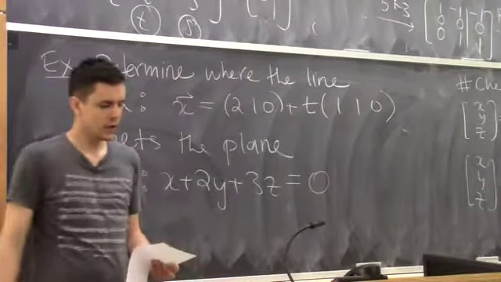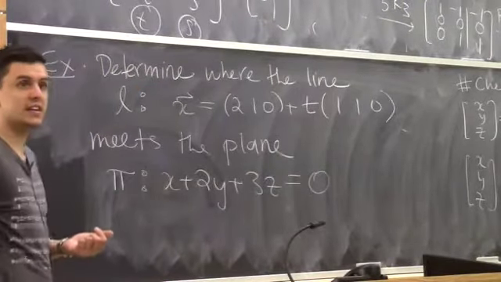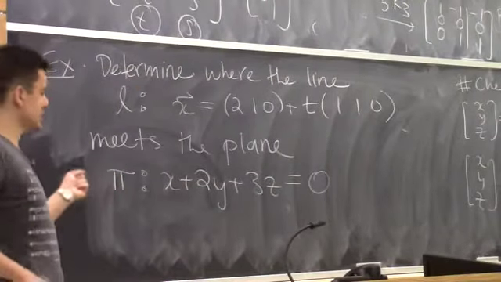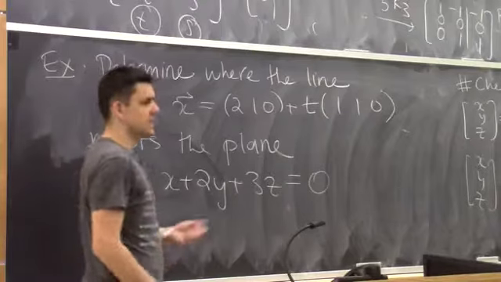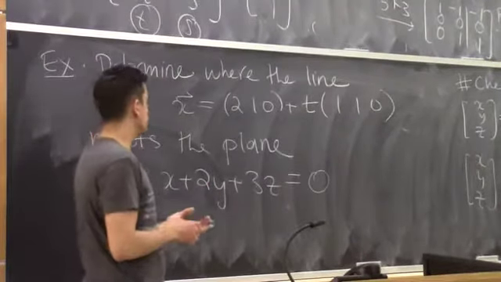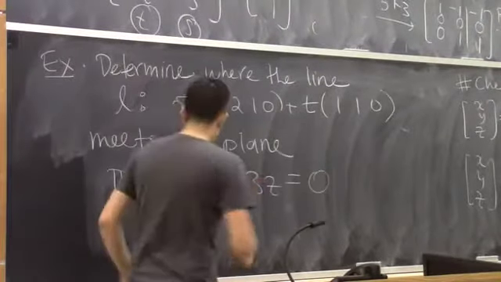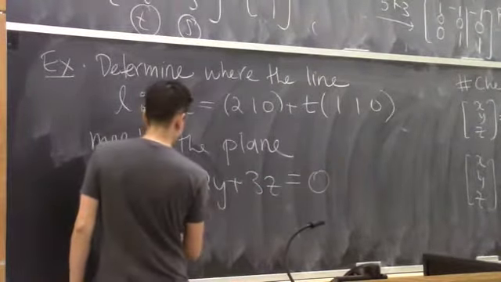We want to find out where line meets plane. By the way, this plane here is written in an alternative way of writing normal form. So we can think of this equation as really saying the following thing.